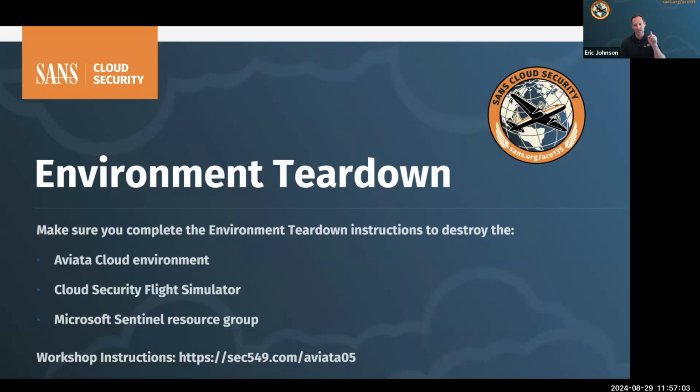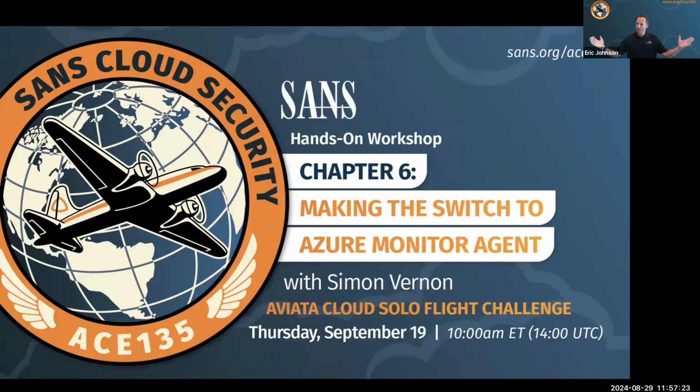Make sure you do it in that order. If you tear the simulator down first, you're going to orphan a ton of resources out there that will be annoying to clean up. So tear it down from inside the simulator first, then run the destroy of the simulator itself, and then delete that Sentinel resource group from your Azure subscription, and you'll be good to go.